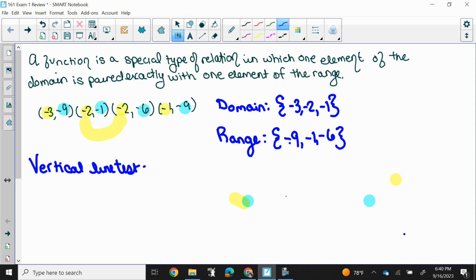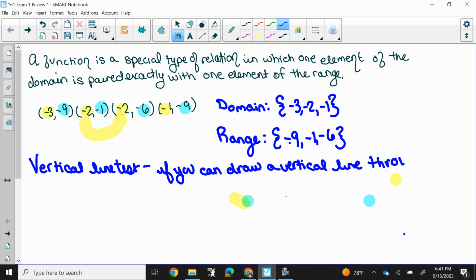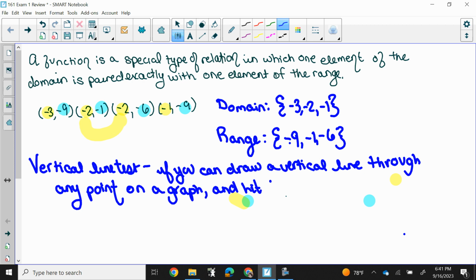The vertical line test says that if you can draw a vertical line, vertical meaning up and down, through any point on a graph and hit that graph more than once, then it is not a function.